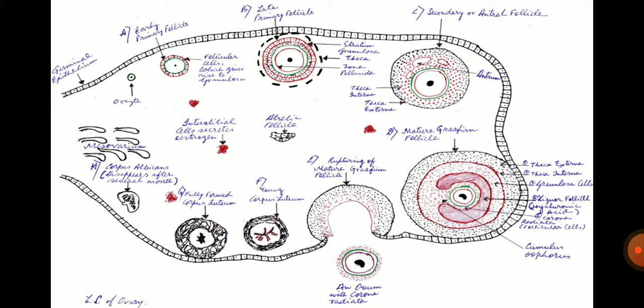The other structure shown here is the process of ovulation, when the ovum gets expelled from the Graafian follicle. The oocyte surrounded by the zona pellucida and corona radiata also accompanies the egg.